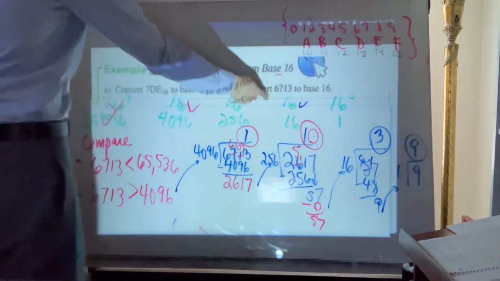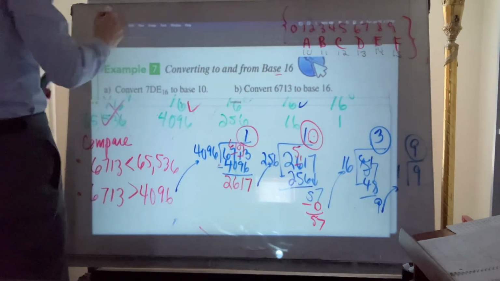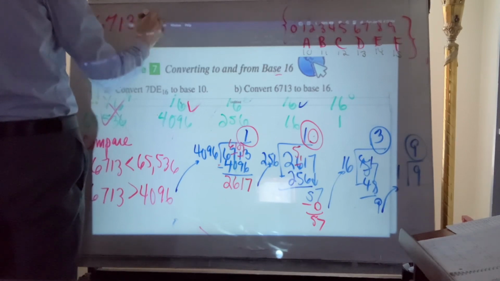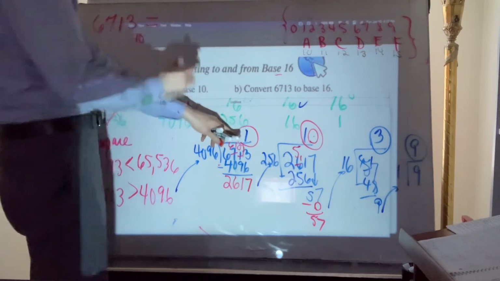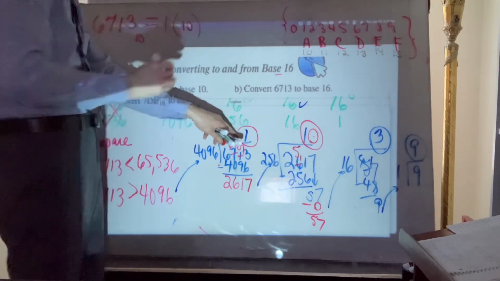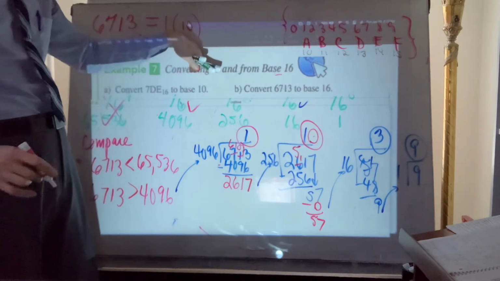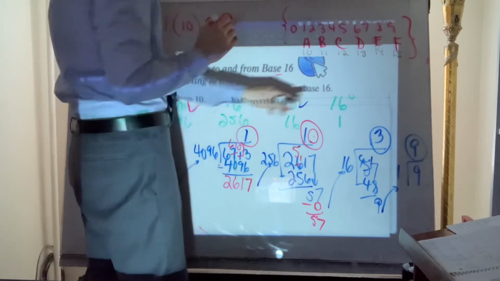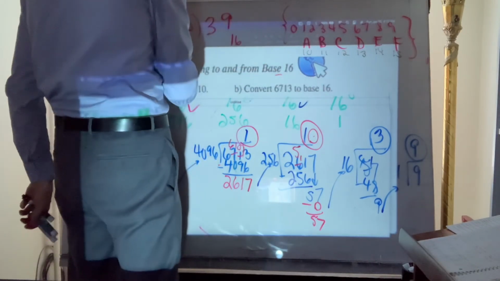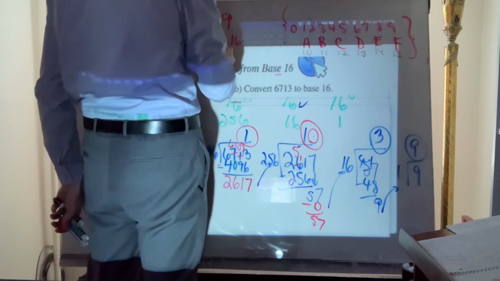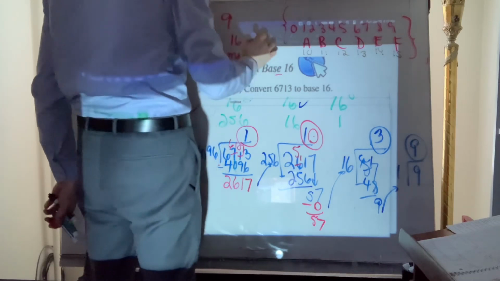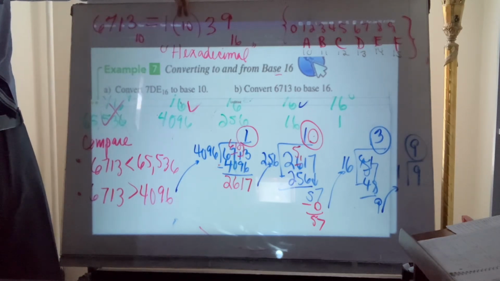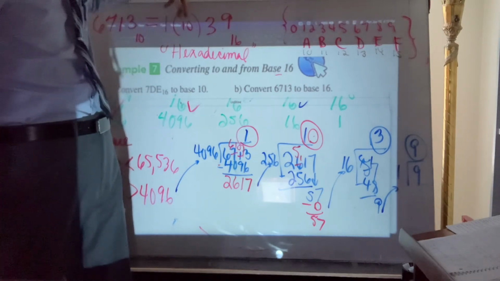So, part B, right? 6,713 in base 10 really is equal to apparently 1, and what is a 10? Because it's 2 digits, I'm putting it in parentheses to remind myself. 3 and then 9 in base 16, otherwise known as hexadecimal. Because we're not allowed to use this sequence of characters in hexadecimal, we're going to look for the equivalent of 10 in the character set.